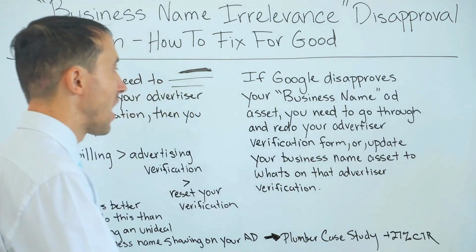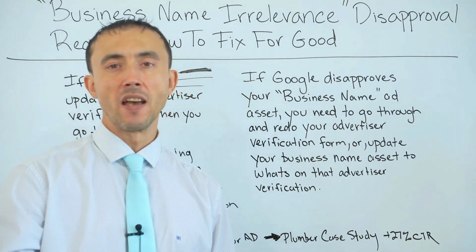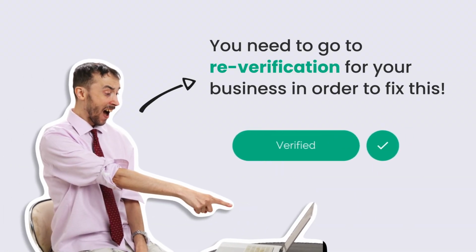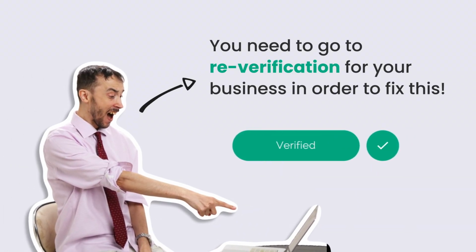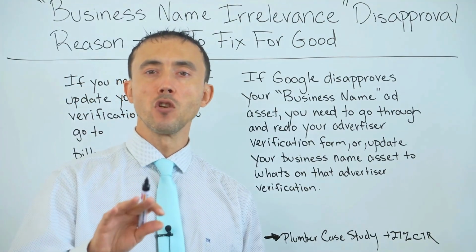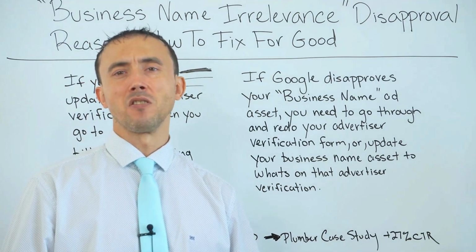Now, if you got disapproved for business name irrelevance, which is one of the many ways they can get disapproved, then you have to go through a re-verification of your business in order to fix this. And I'm going to talk about in detail how to do that. But in general, you should want to do that and not say, screw it. What difference does it make?